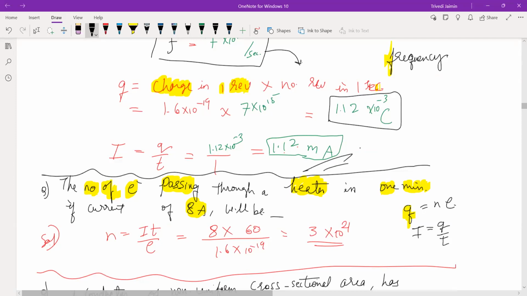Chalo. Sir, is it 3 into 10 to the power 21 electrons? 21 electrons.